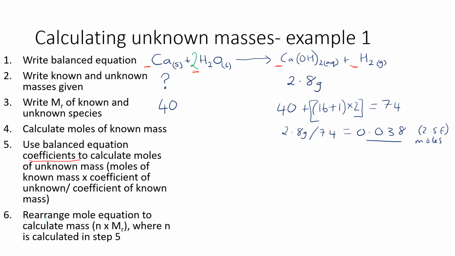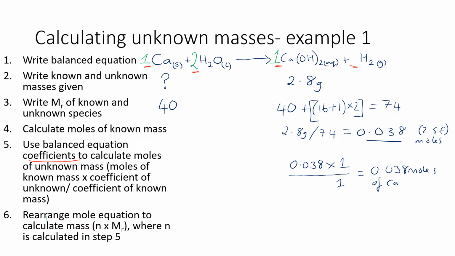So the moles of the known mass, which I've just worked out as 0.038, I've got to multiply it by the coefficient of the unknown, which is going to be 1. And I'm going to divide it by the coefficient of the known mass, which is also going to be 1. And what I get is this equation, which tells me that I have 0.038 moles of calcium.